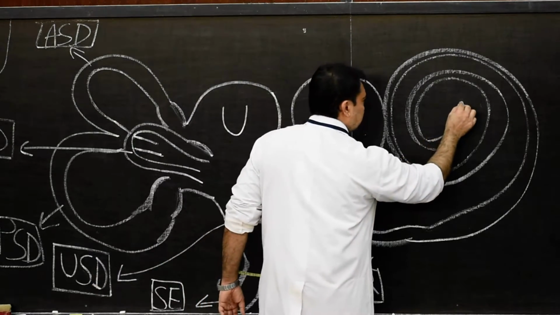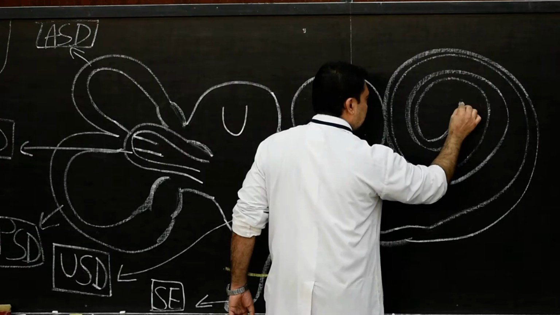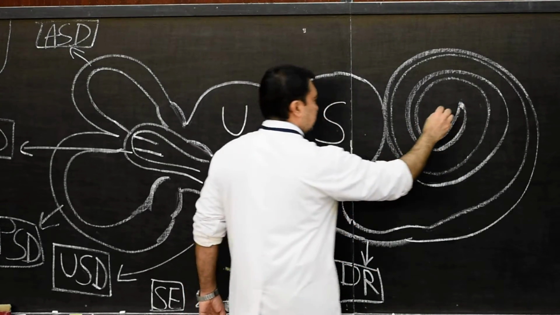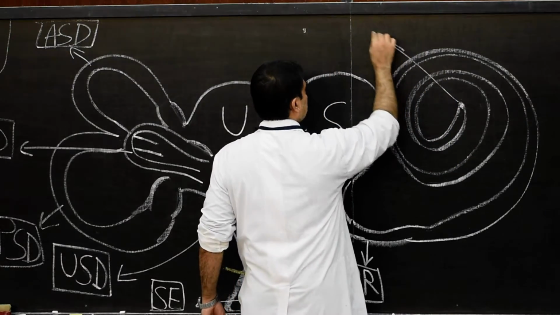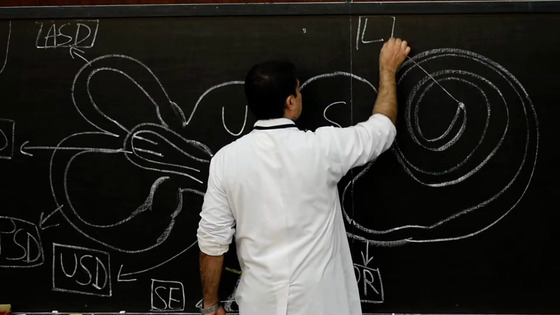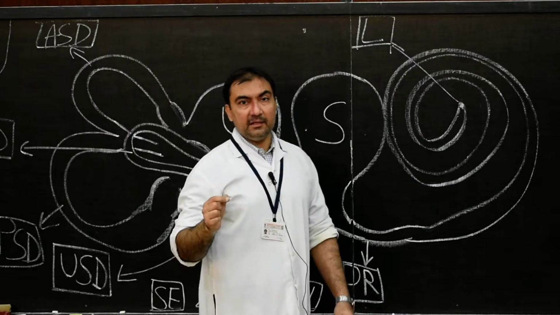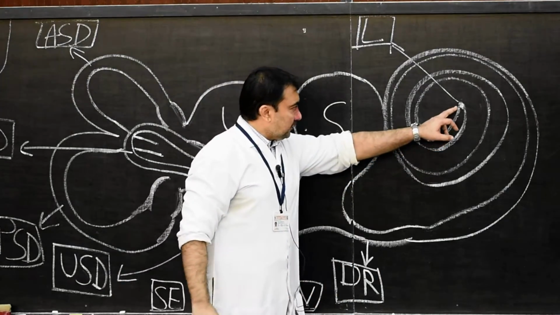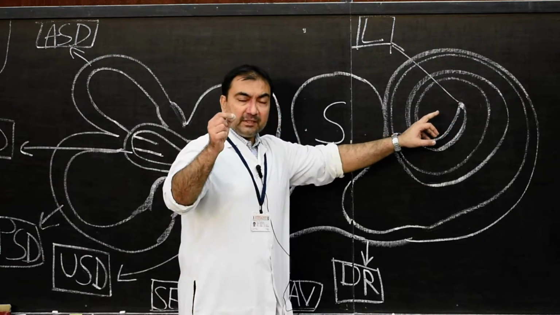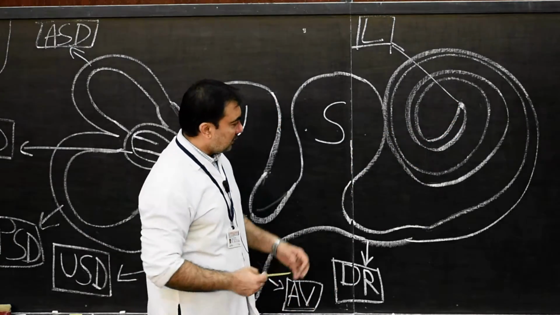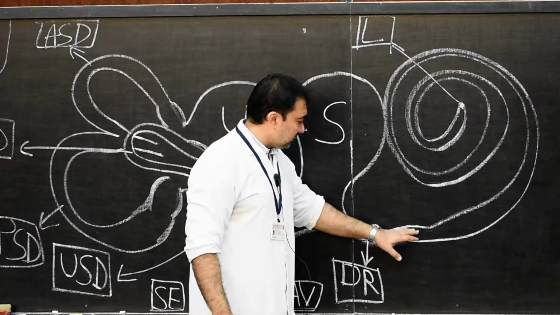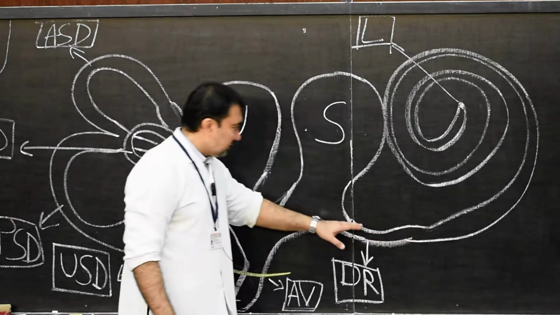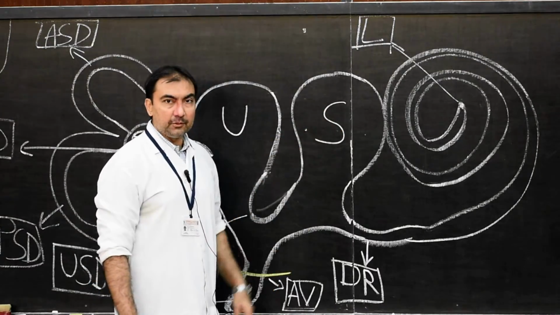Now here, this pointed tip will be known as lagena. Let us note it as lagena. Spelling is L-A-G-A-E-N-A. Therefore, this will form the apex. Lagena will form the apex of cochlear duct. What will form the base? The base will be formed by ductus reuniens, through which the cochlear duct will communicate with saccule.